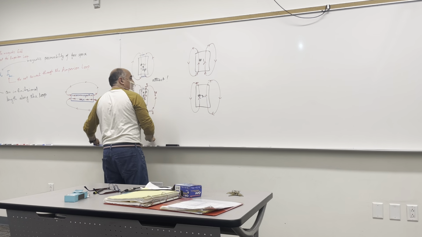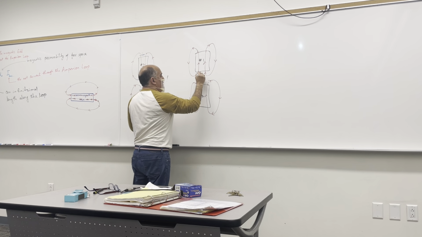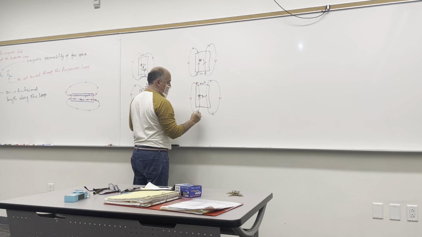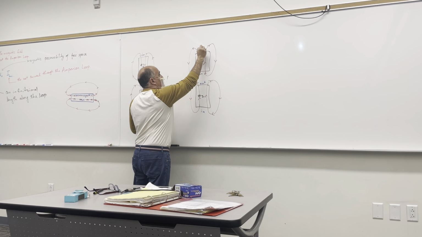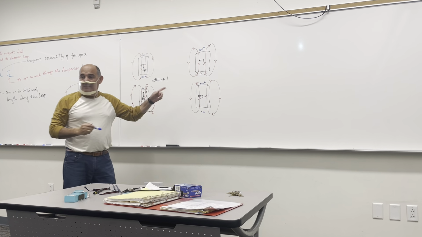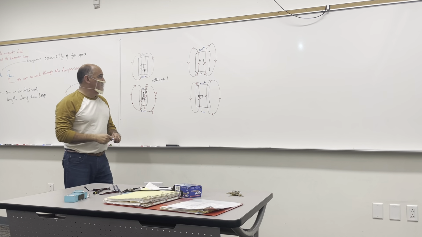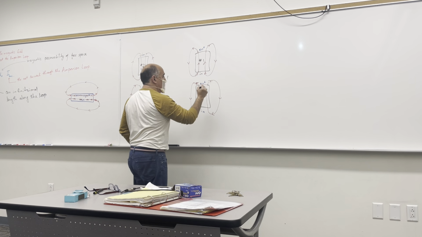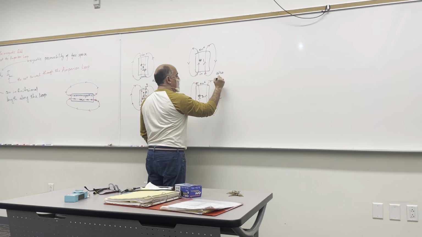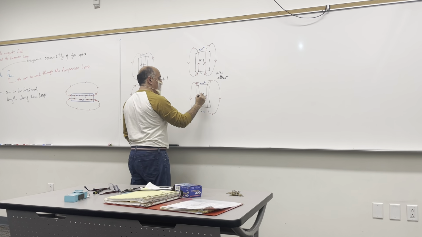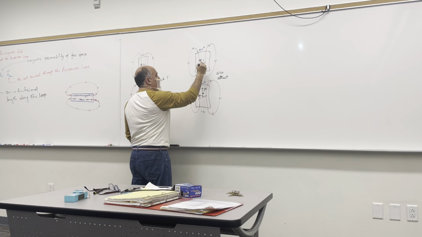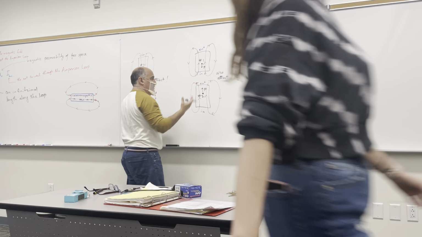Well, what happens over here? They're going in, they're going out. In, out, the magnetic field lines. These two also attract. So this one feels a force this way, and this one feels a force this way. You know, they pull on each other.